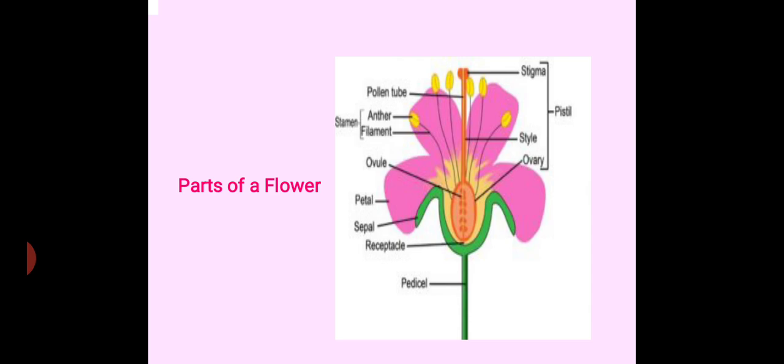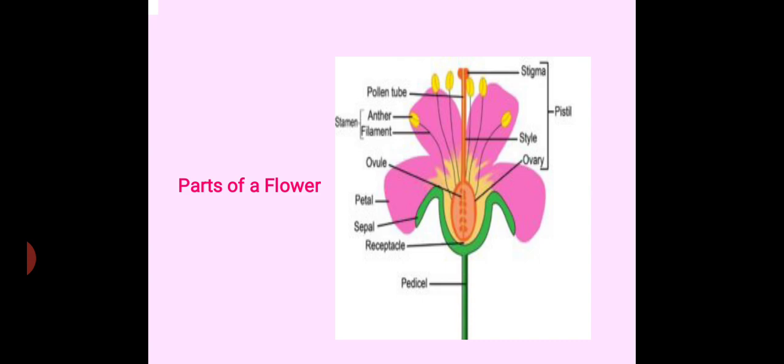Flowers appear in different colors and shapes as well as different fragrances. See children, these are the parts of a flower. Stigma, style, ovary, pedicel, sepal, petal, ovule, stamen.